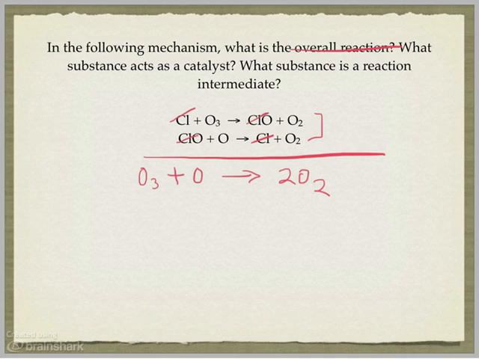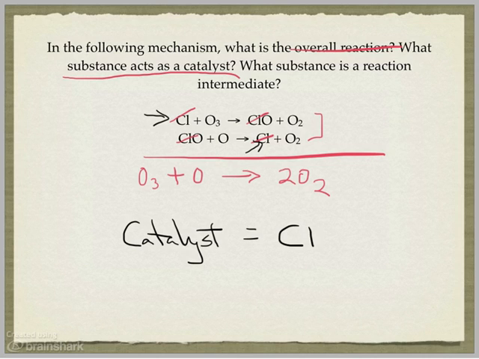And the next, it's asking you if you have any substances that act as catalysts. Again, a catalyst has to show up as a reactant in one step and a product in the next step, in that order. Well, if you go through and look at this, you'll notice that you have Cl happening as a reactant there, Cl happening as a product there. But you're able to cross them off and they don't end up being in the overall reaction. So that would actually be an example of a catalyst.